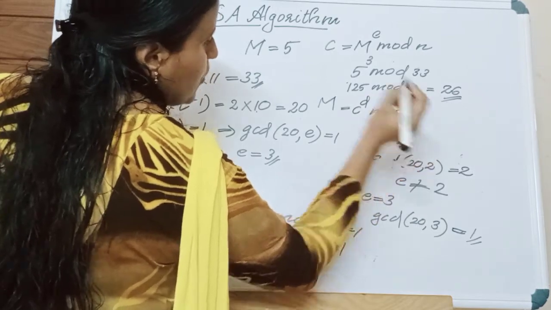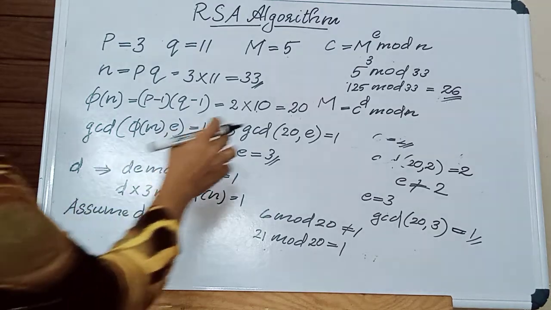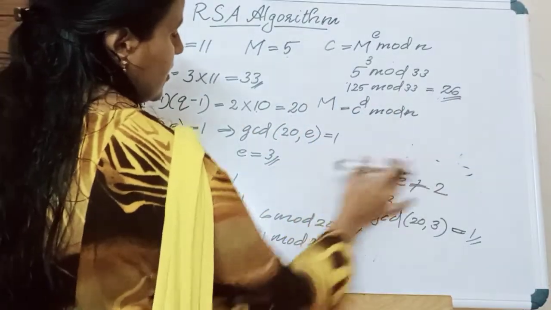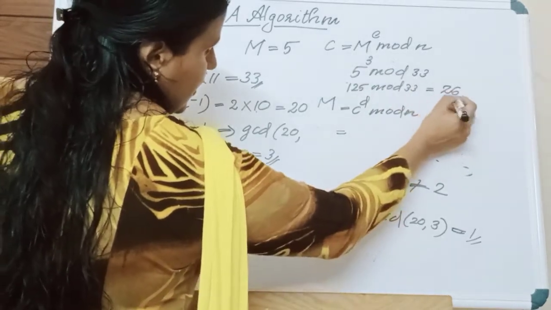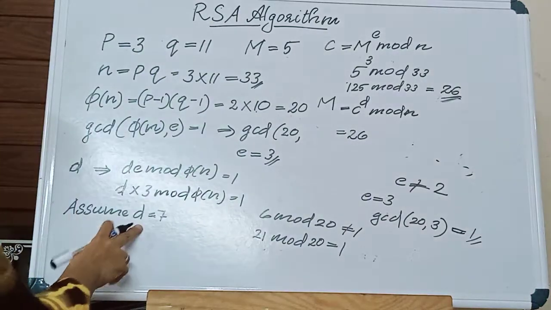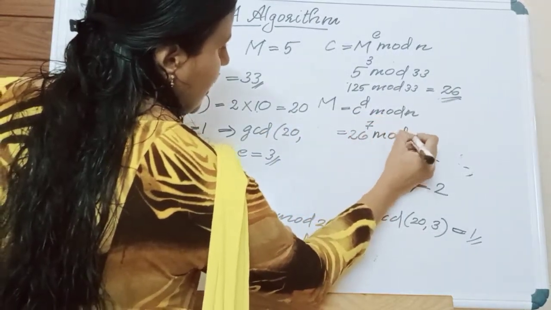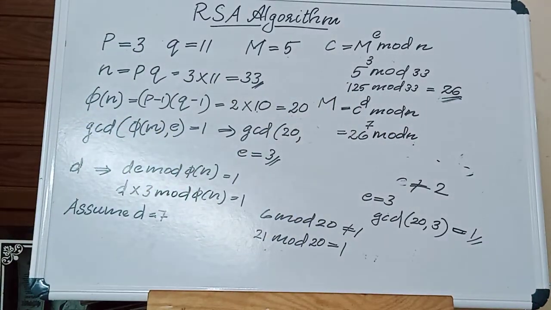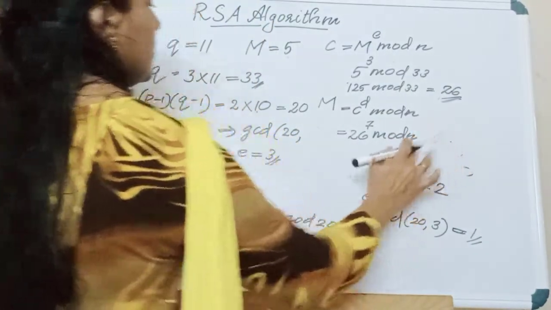Here c is the ciphertext, 26, and the value of d is 7, mod n. After performing this mod operation we'll get m is equal to 5.